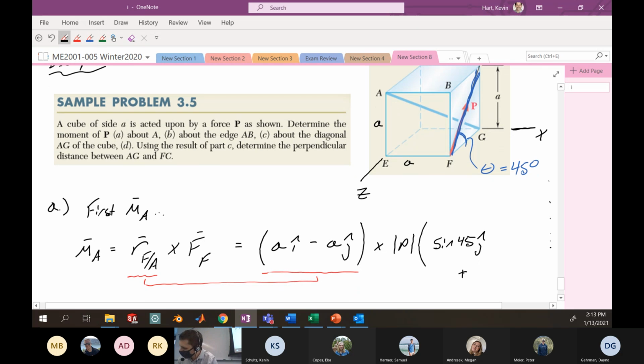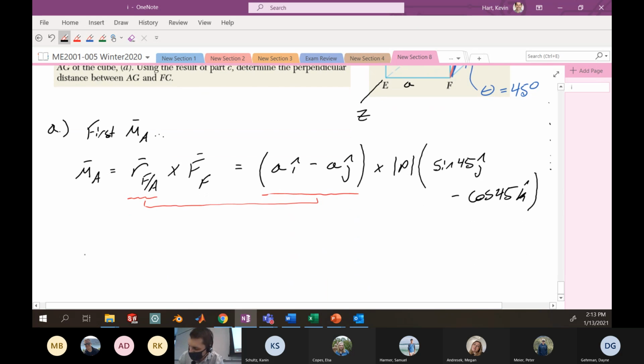And adding to that, the contribution in the z direction, which here is going to be acting backwards, negative cosine 45 k hat. All right. So this is the cross product that I'm going to set up here. So let's go with the determinant method, just to make things crystal clear here.